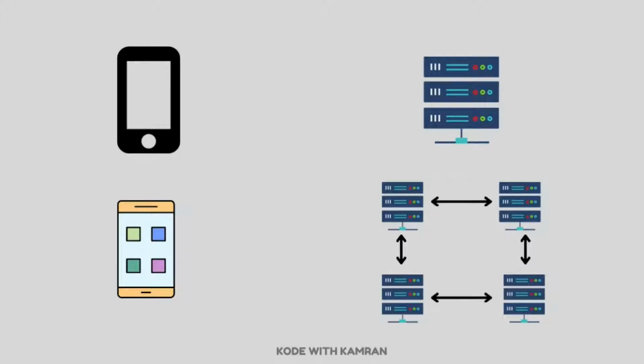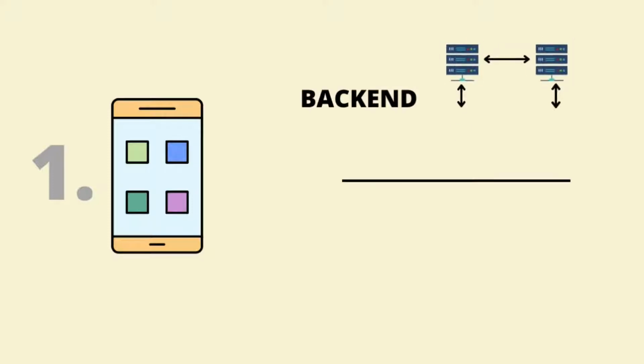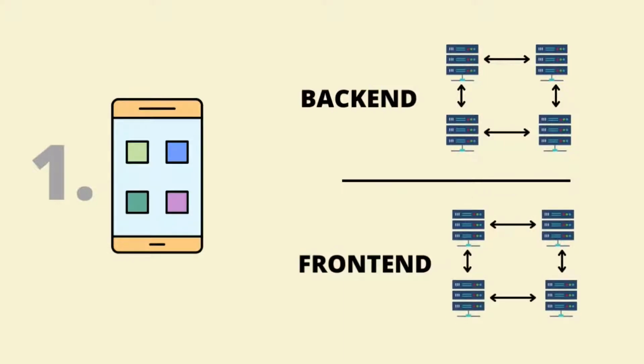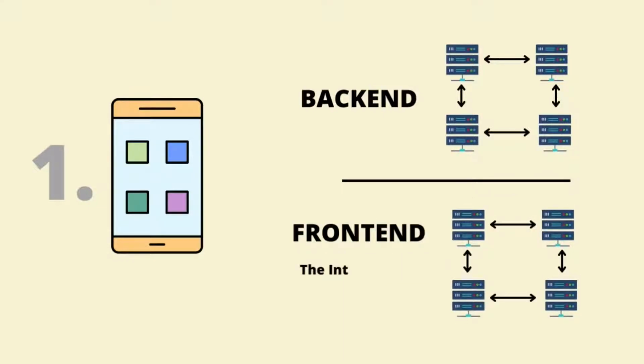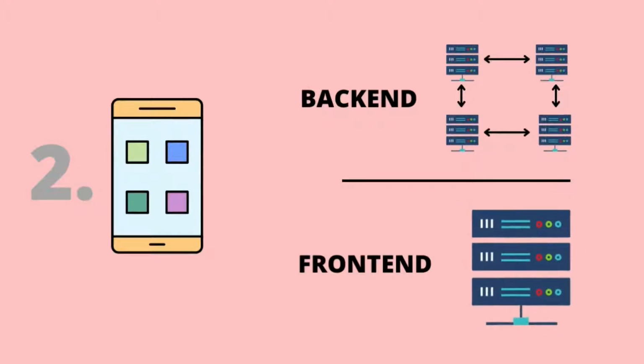So let's now talk about the types of dApps. There are basically two different types of dApps. One is the core dApps in which the backend is on the decentralized blockchain and even the front end is also decentralized. In that case, we use IPFS to deploy the front end of the application. And there is also a mixed kind of dApps in which the backend is decentralized and the front end is centralized and deployed on a single server.